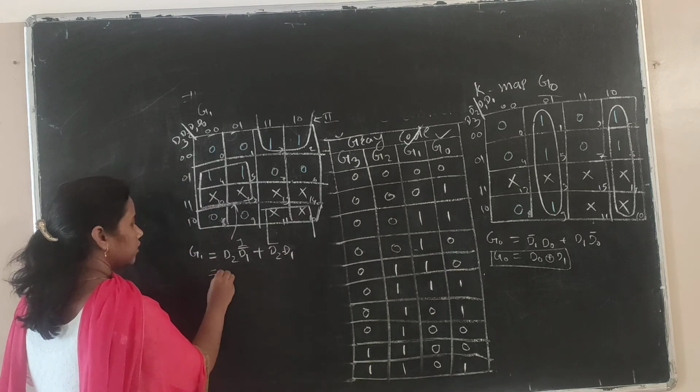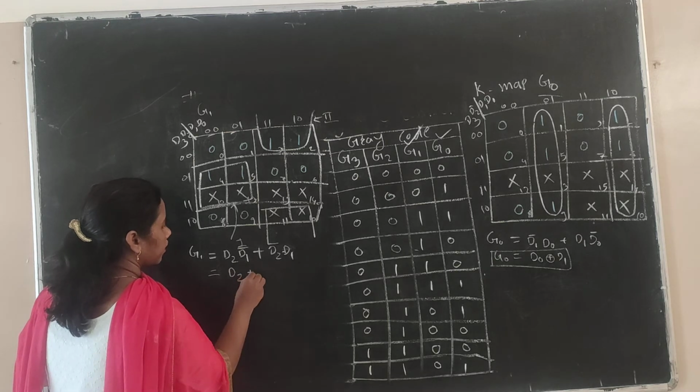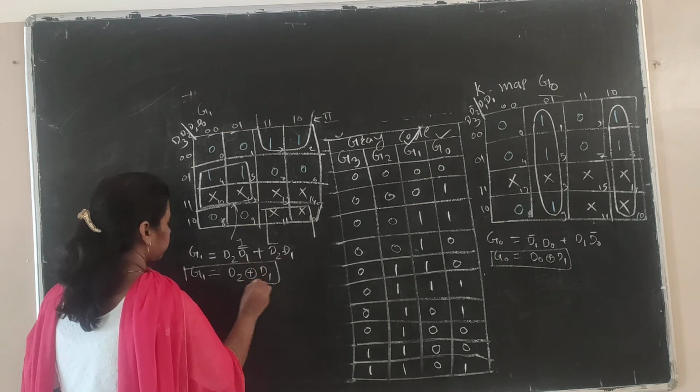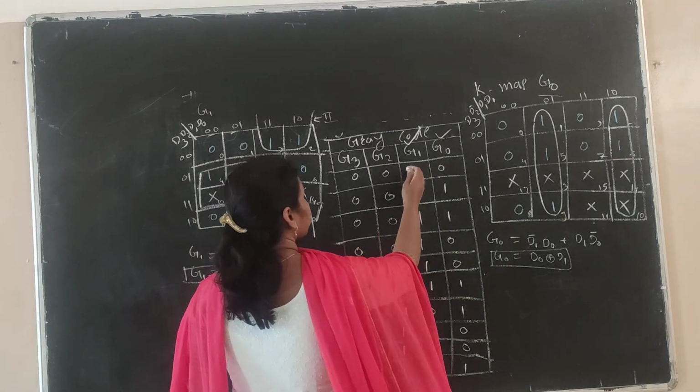That's why there is an XOR operation, D2 XOR D1. This is the equation for G1. Now G0 G1 completed.